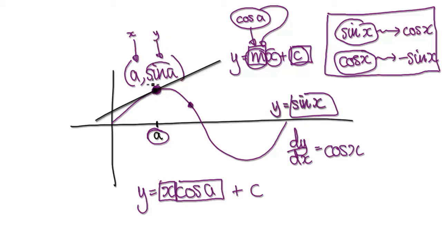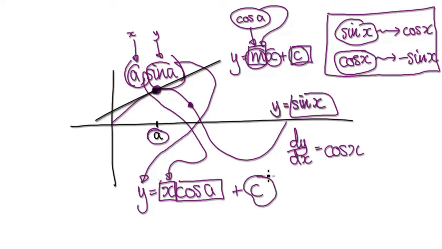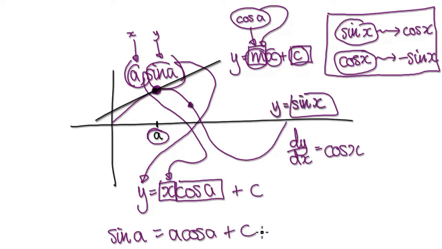So now you can put this into the y, you can put this into the x, and then you can work backwards to find c. When you put this into the y, it will become sine a, and when you put this a into the x here, it will become a cos a plus c. So now we can work out c.